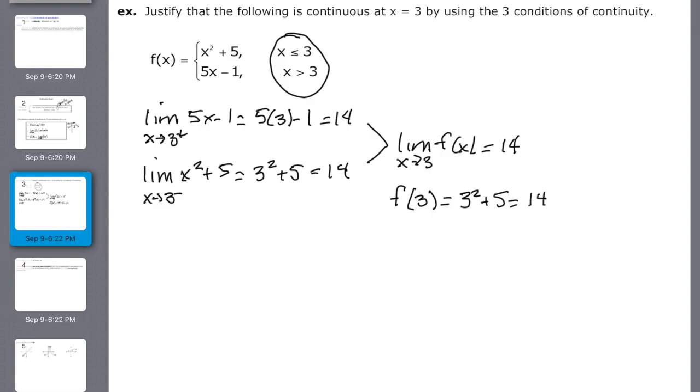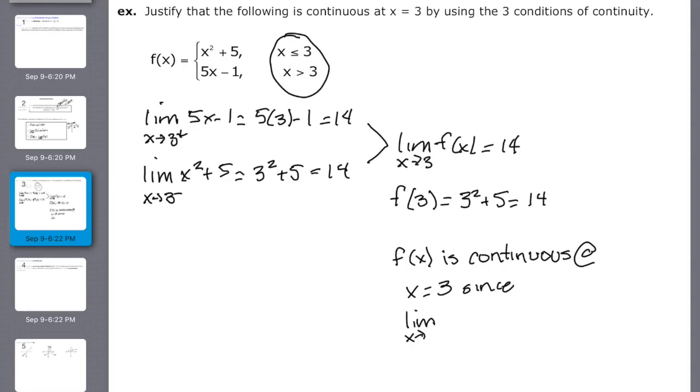Because these two values are the same, we can say f of x is, in fact, continuous at x is equal to 3. And here's my justification. Since the limit as x approaches 3 of our function is equal to f of 3, the true definition of what it means to be continuous.